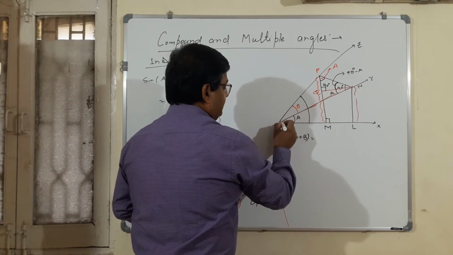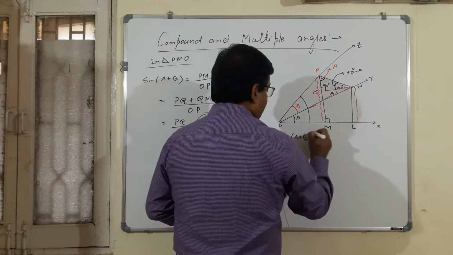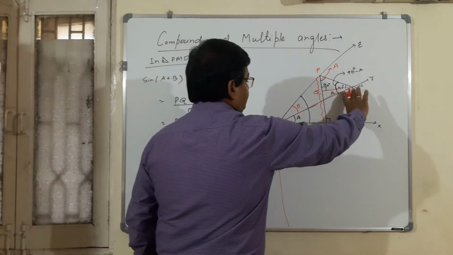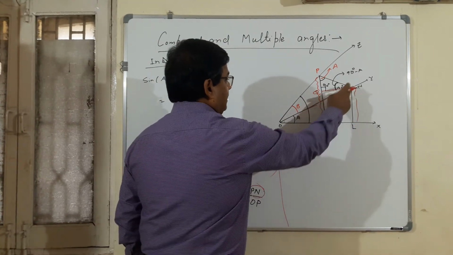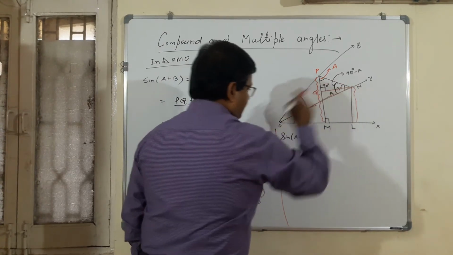If you take the triangle ONL, in triangle ONL, see here, this one becomes the perpendicular for angle A and ON becomes the hypotenuse.